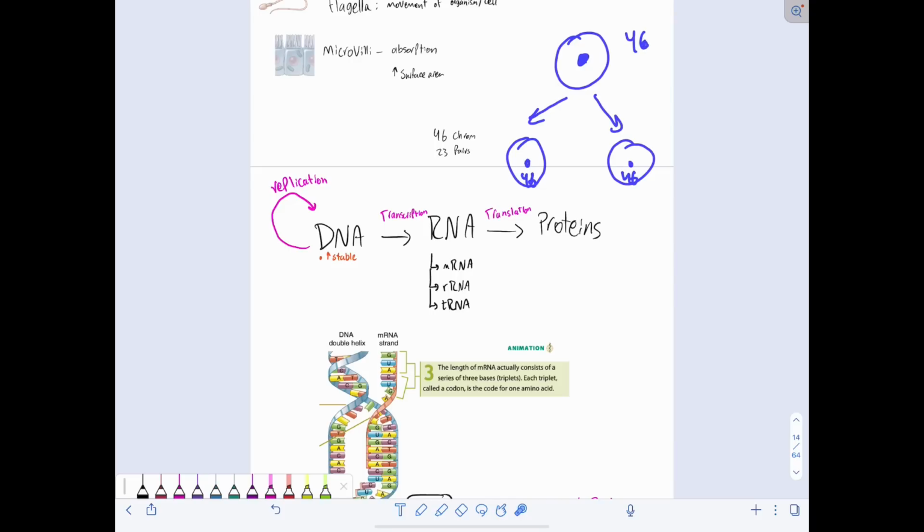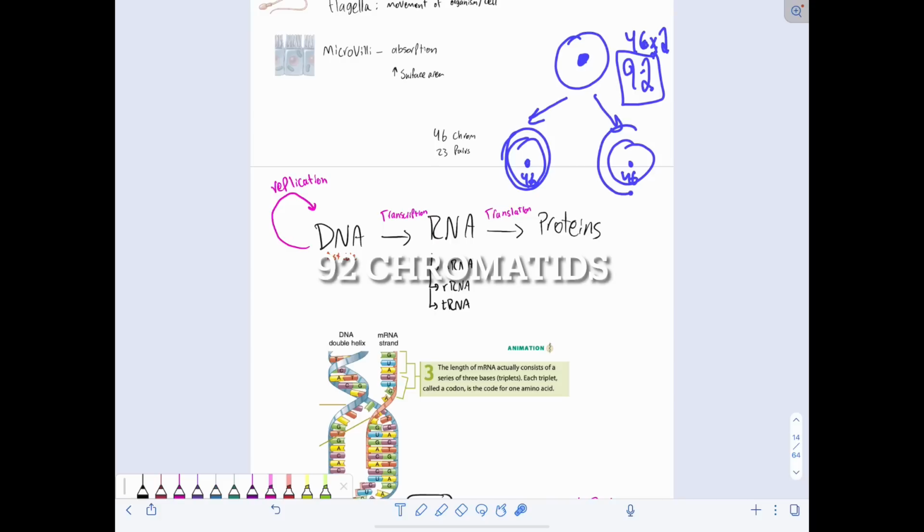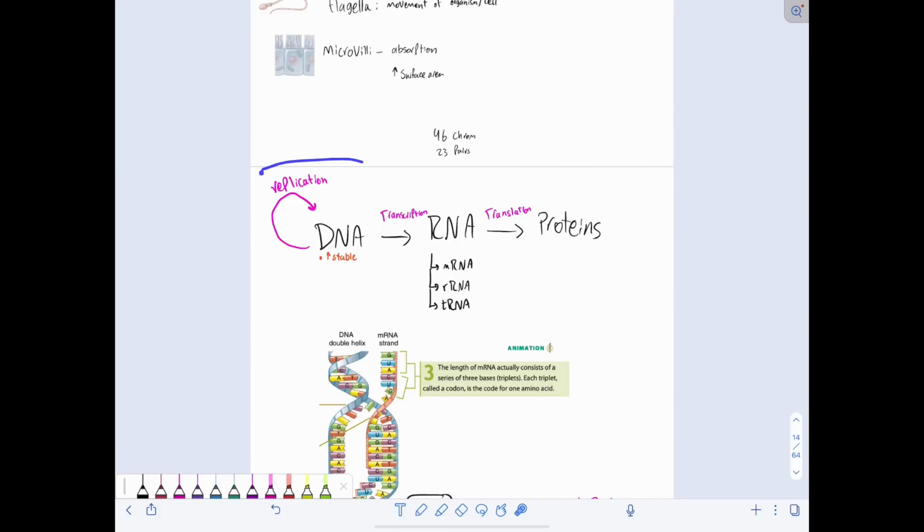There's no way to divide through mitosis unless your daughter cells have 46 each, right? And of course, we're talking about mitosis here, not meiosis. So the cell is going to replicate all its DNA. Making a copy of each chromosome, you're going to end up having 92 chromosomes. Then you divide that, and each daughter cell gets 46. So, long story short, this process of DNA making a copy of itself is called replication.